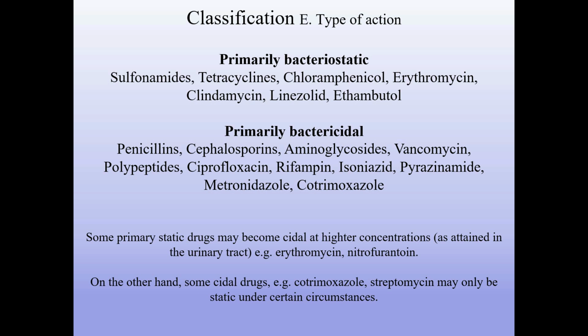Some primarily static drugs may become cidal at higher concentrations, as attained in the urinary tract, for example, erythromycin, nitrofurantoin. On the other hand, some cidal drugs, for example cotrimoxazole, streptomycin, may only be static under certain circumstances.